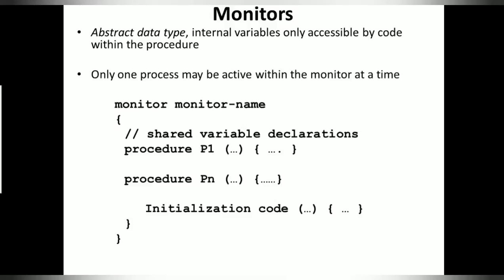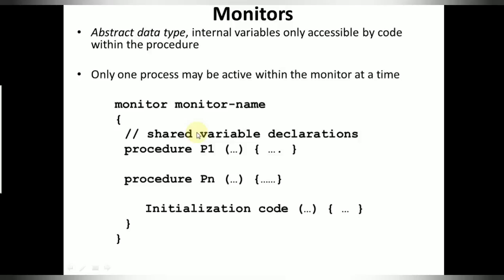Now, what is a monitor? How does a monitor look like? Here is an abstract data type that is given. We use the keyword monitor and then we give the monitor name, and inside the monitor we define a set of programmer defined operations or procedures.